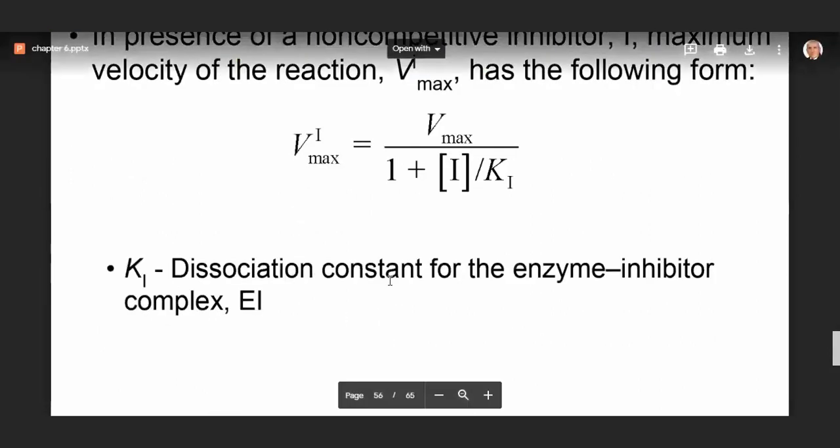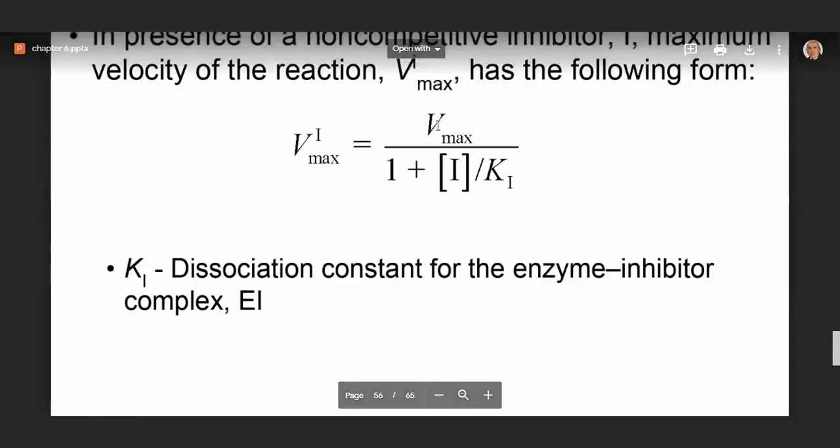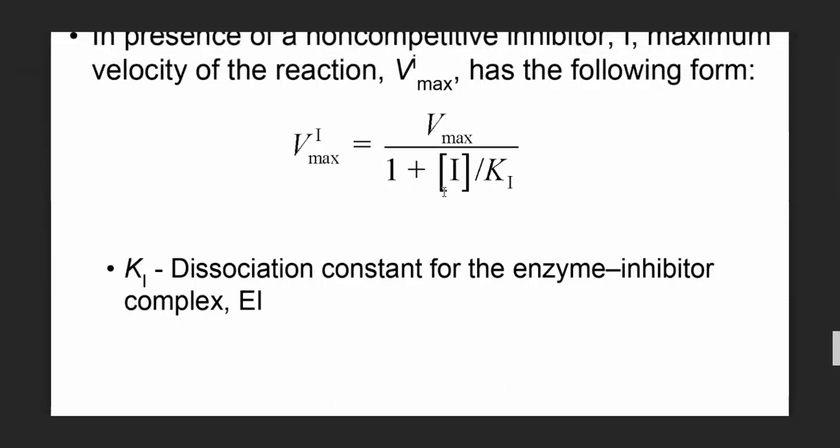And Ki is the dissociation constant for the enzyme-inhibitor complex. So again, Vmax in the presence of the inhibitor equals the original divided by a number alpha, so it decreases, whereas Km does not change at all.